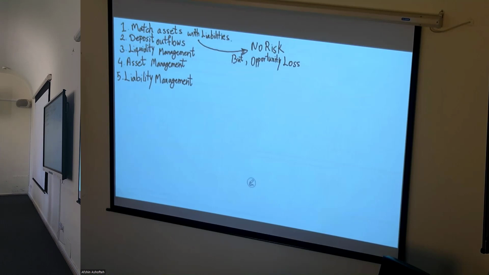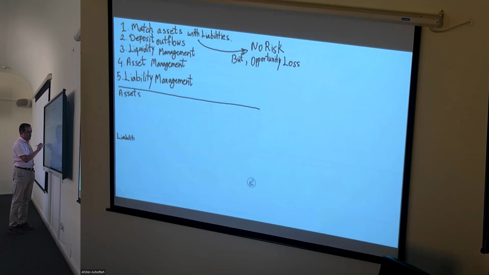So for these kinds of things, for asset management and liability management, we can consider the assets of the bank, and we have to also consider the liabilities, right?